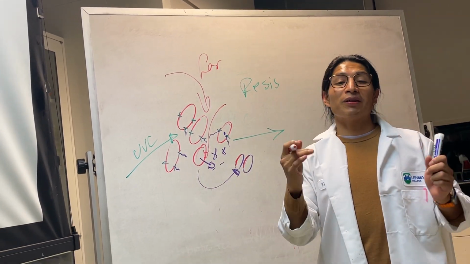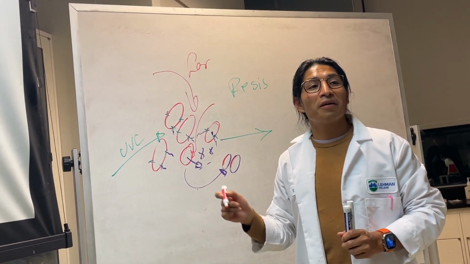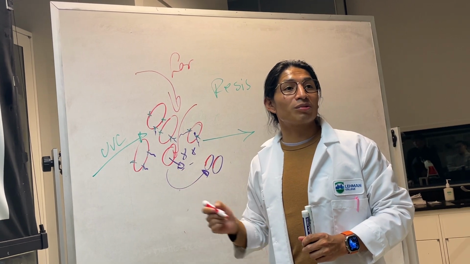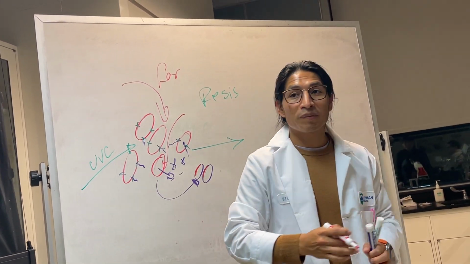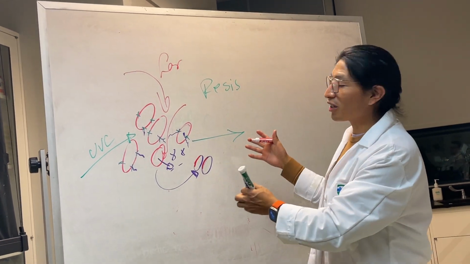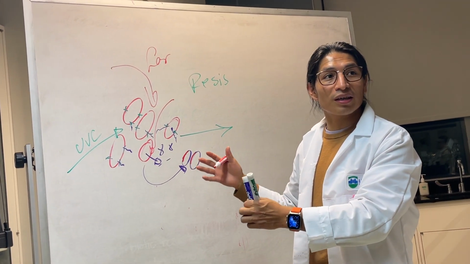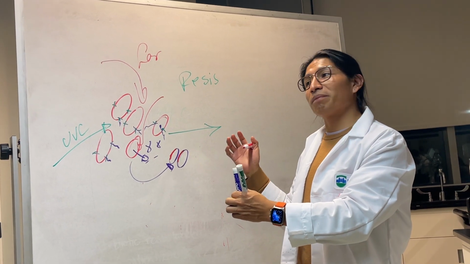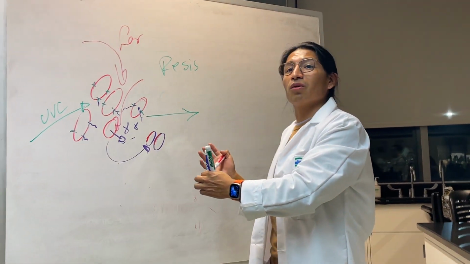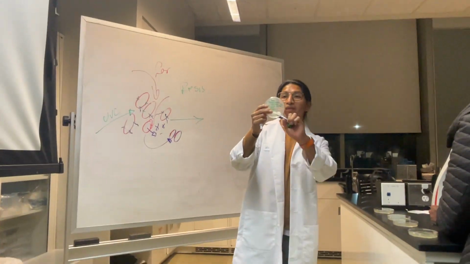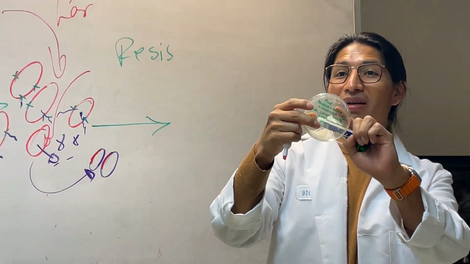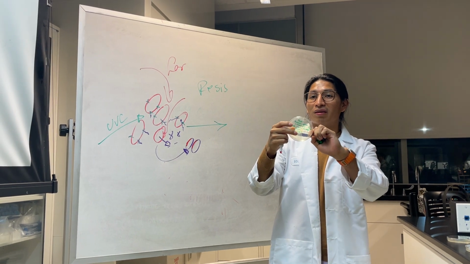So if I just do cross elimination, it could be horizontal gene transfer more likely to happen under these conditions. So when you explain something, that's more or less how you want to do it, explaining what technically and logically could make sense.